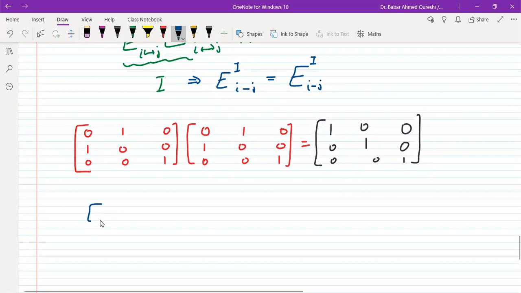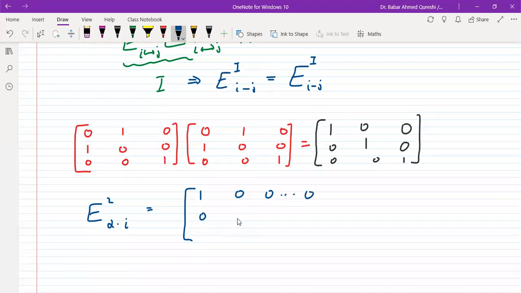Now the elementary matrices of type 2, where you multiply some row I with alpha, are of this form.